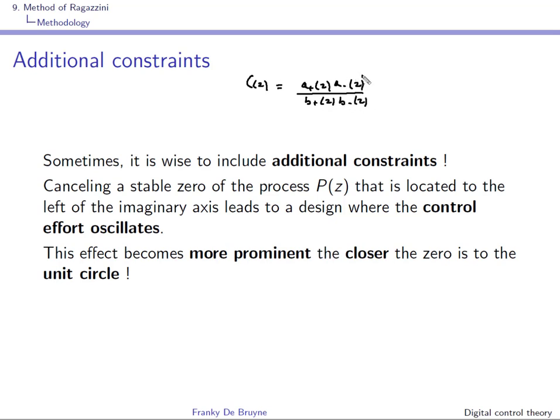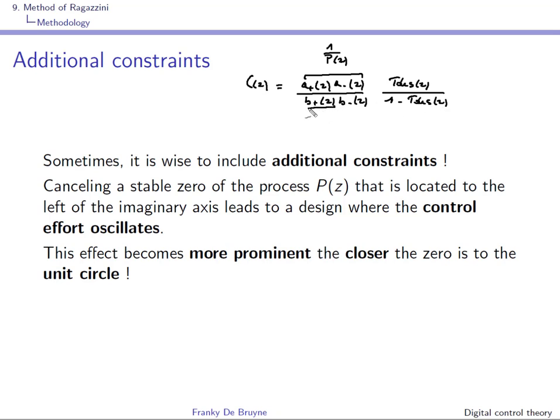So this is here 1 over p of z, and then you have t desired over 1 minus t desired, right?